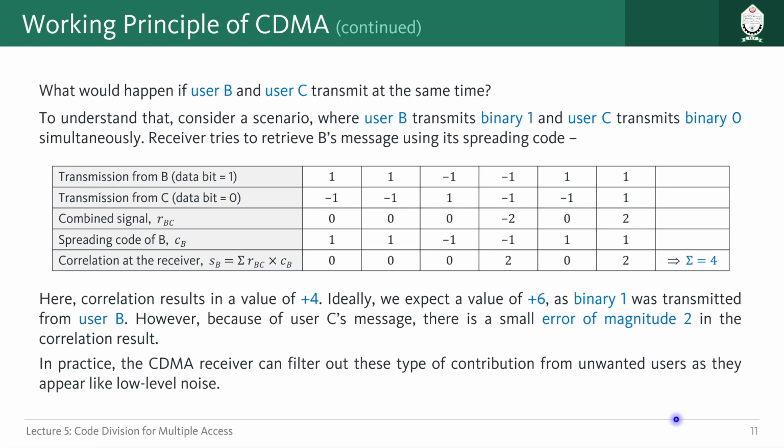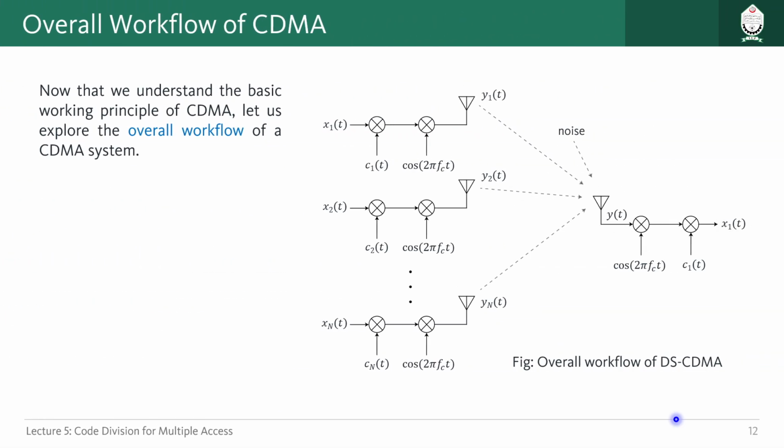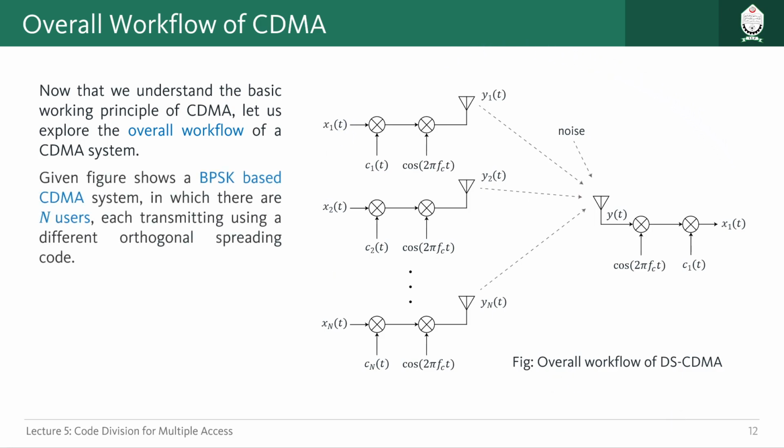Okay. So now that we understand the basic working principle of CDMA, we can now see the overall picture, I mean the overall workflow of the CDMA system. Now here, this CDMA system is graphically represented, and this is just a simple BPSK based CDMA system where we have n users in the same channel transmitting using different orthogonal codes assigned for each of them.